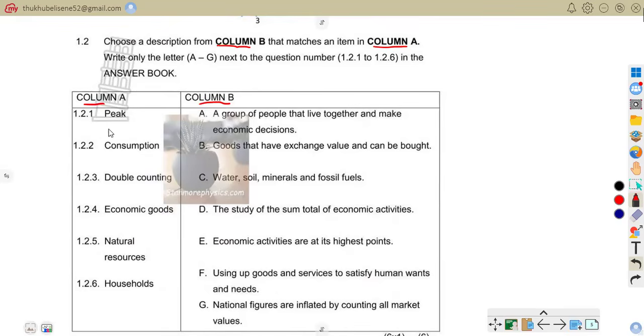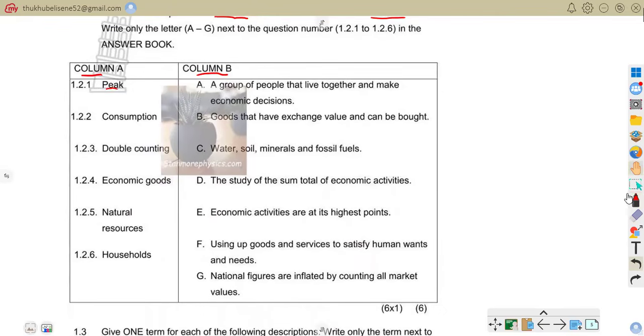1.21. It talks about peak. So we want to know the description that matches this item, peak. We know very well that when you talk of peak, we are talking about economic activities at their highest points.